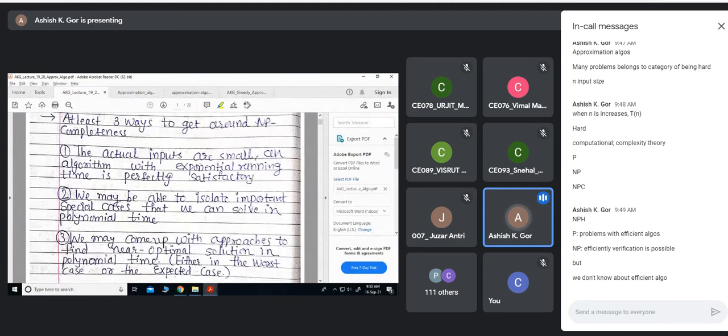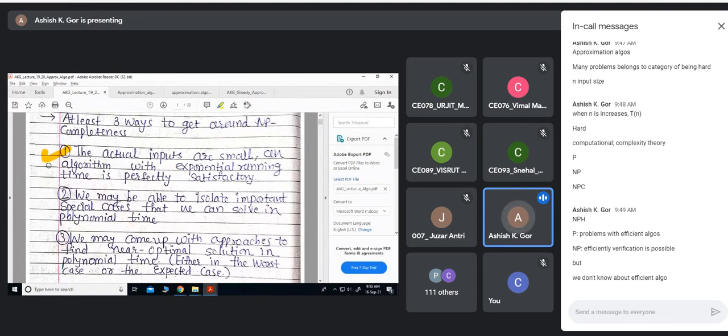The first is you separate out the case where the inputs are small. What does this first point mean? Many times, even if the problem belongs to the category NP complete, you will not realize it. Why?